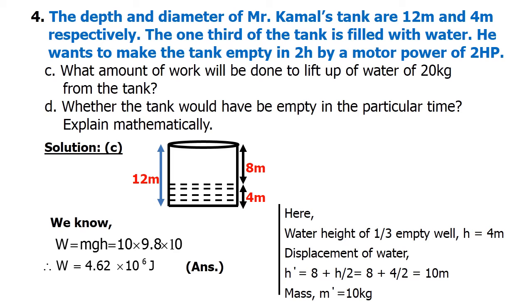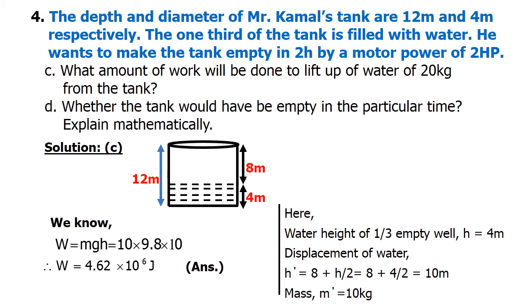So question C is, what amount of work will be done to lift up the water of 20 kg from the tank. And question D is whether the tank would have been empty in the particular time or not. Explain mathematically. So let's see the solution.